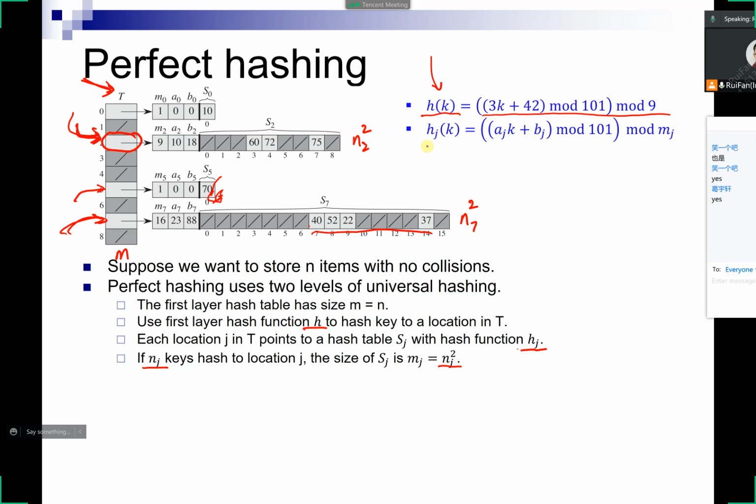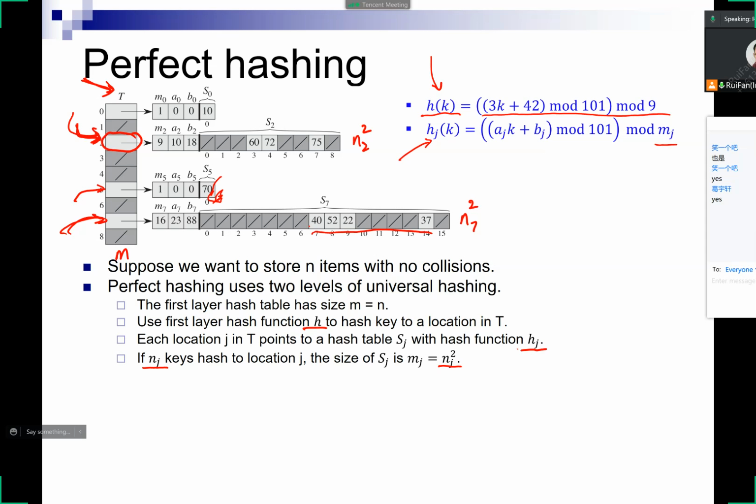And all of the other second level hash functions are also of this form. However, here the table size is going to be m sub j, where m sub j is equal to n sub j squared. Are there any questions about how this perfect hashing algorithm works?